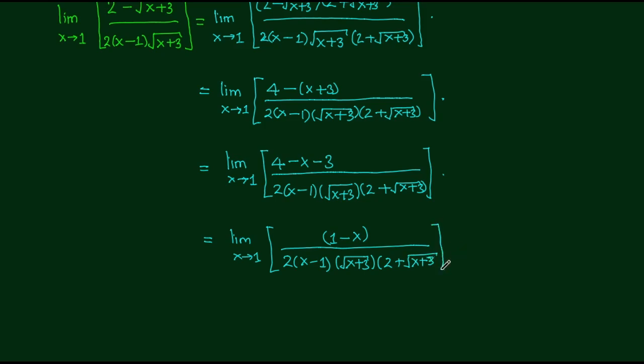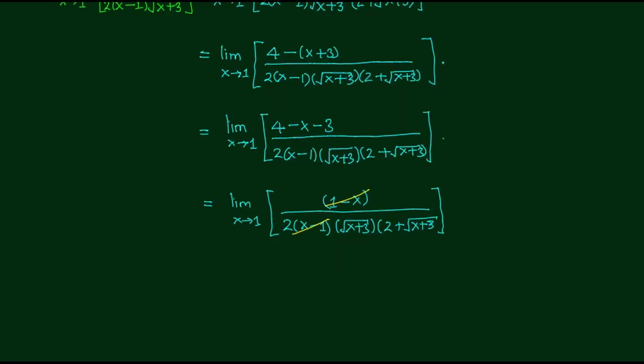Now here we'll see that 1 minus x will cancel out both from the numerator and the denominator. Now we can move on and rewrite the remaining terms. Of course it cancels to 1, and here of course 1, so 2 times 1 is 2 times this will remain the same thing here.